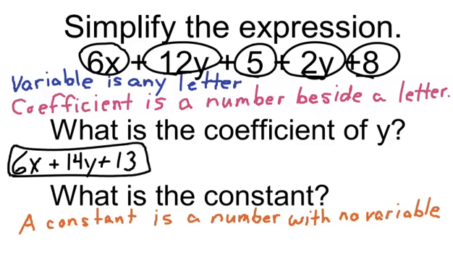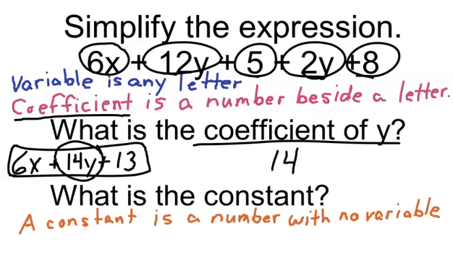Now let's go ahead and answer these questions. What is the coefficient of y? And I have the definition right there. A coefficient is a number beside a letter. So if we look right here, what number is beside the y? The answer is 14. So that is the coefficient. And then it says, what is the constant? Well, I kind of explained it before.